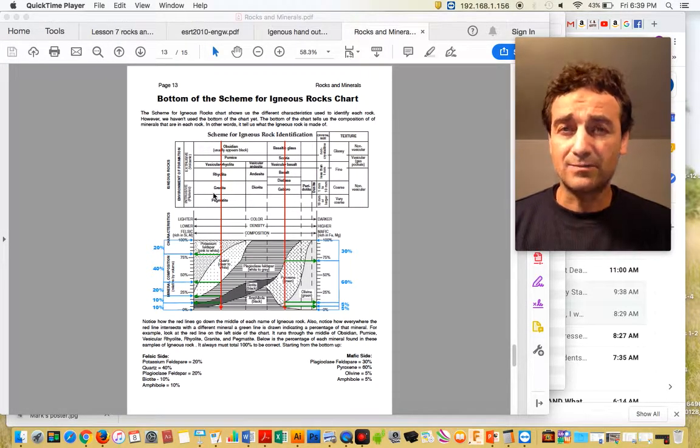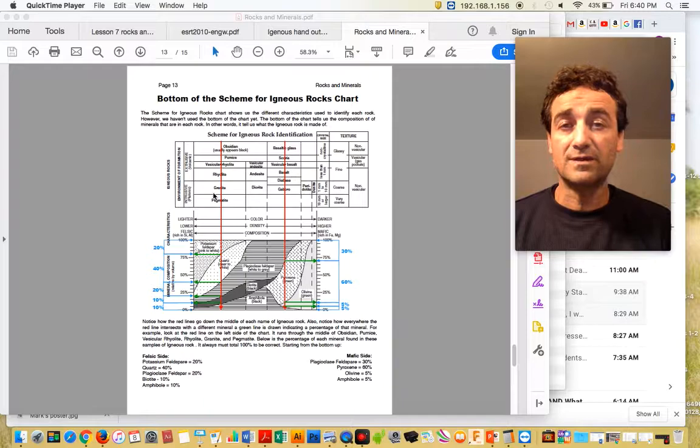But then there's the bottom part of the chart. The bottom part of the chart is, I wouldn't say tricky, but I'll say a little bit more involved, so you have to be careful how you do it. So let's get into it.